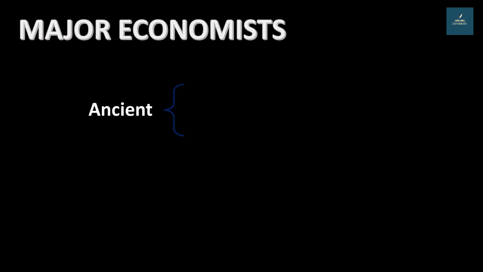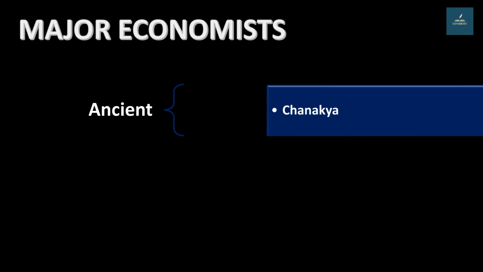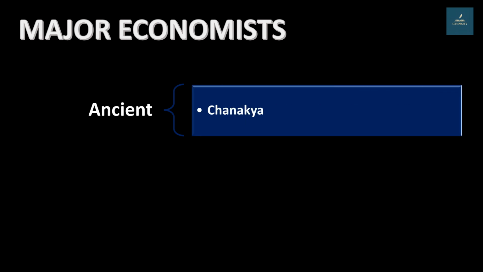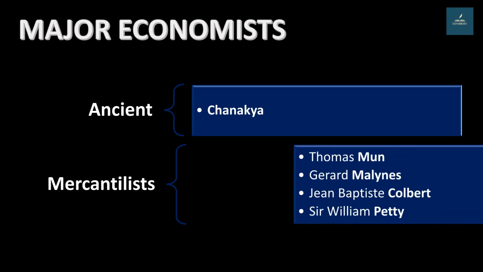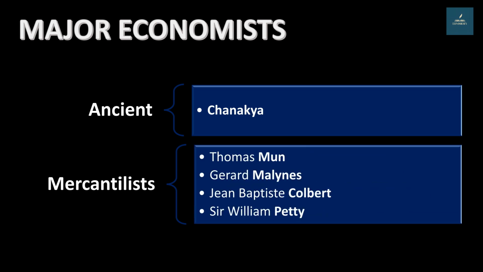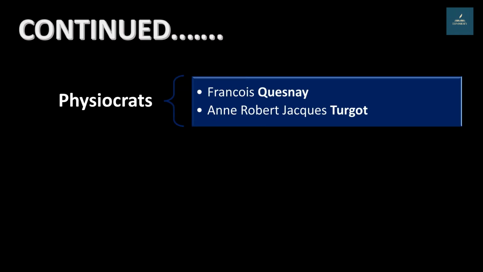Let's begin. First comes Acharya Chanakya from ancient times. Second comes Thomas Mun, J.B. Colbert, Sir William Petty, etc., who are known as mercantilists. Third comes Quesnay and Turgot, who are physiocrats.